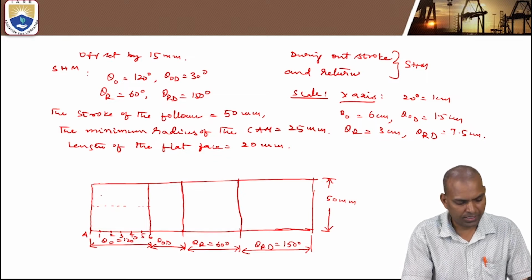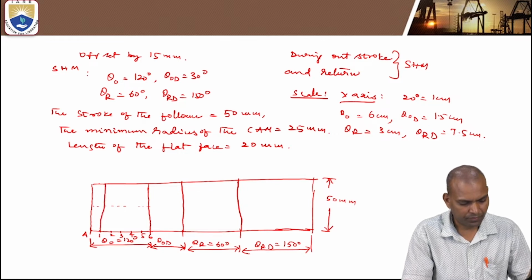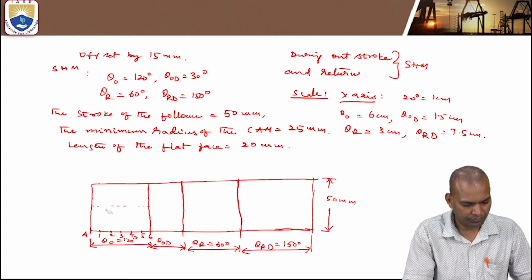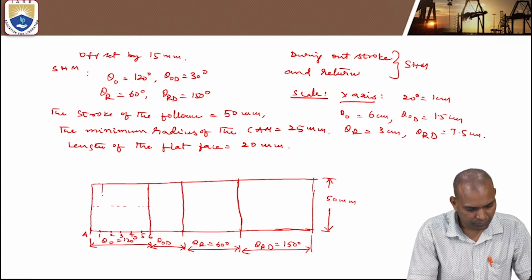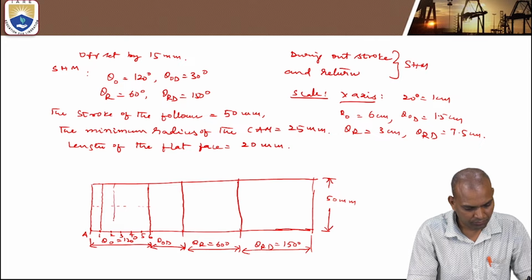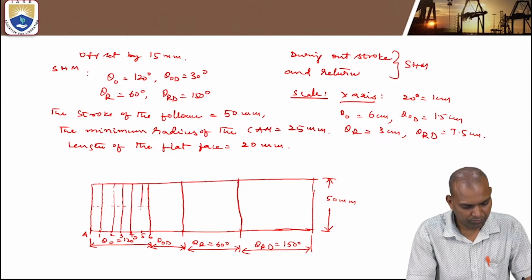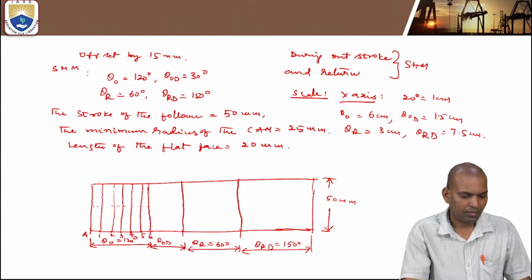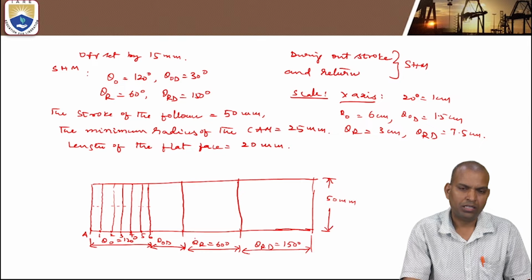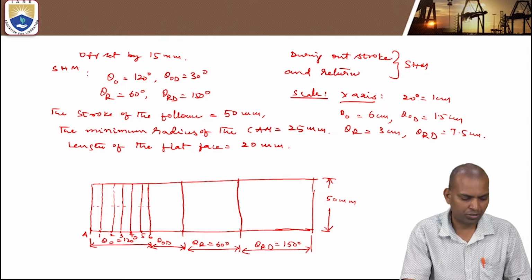Draw vertical lines. Similarly for the return stroke, we have to draw an equal number of parts.